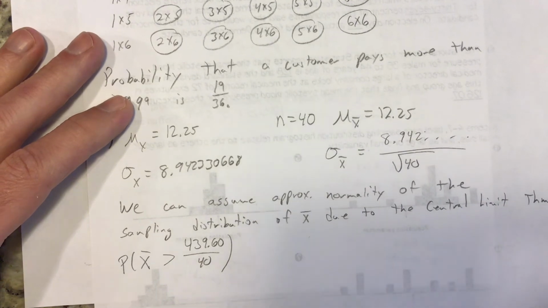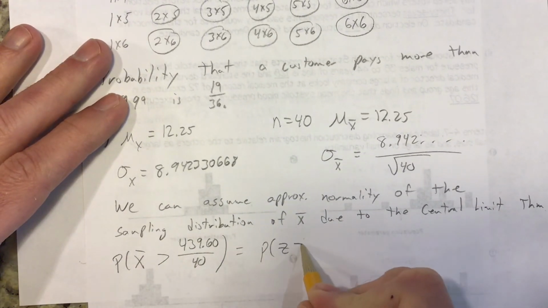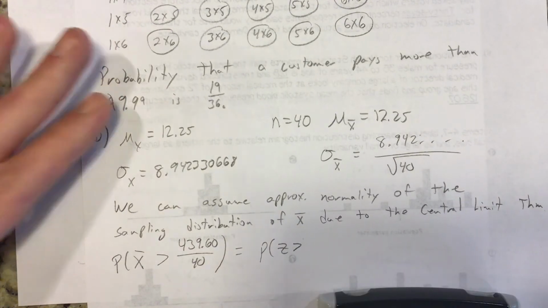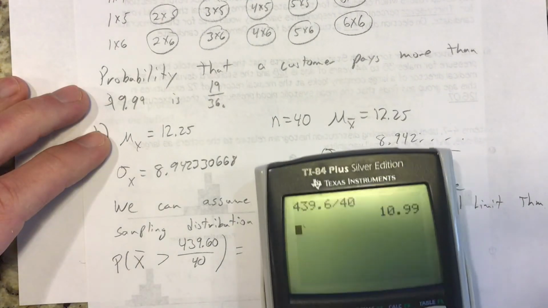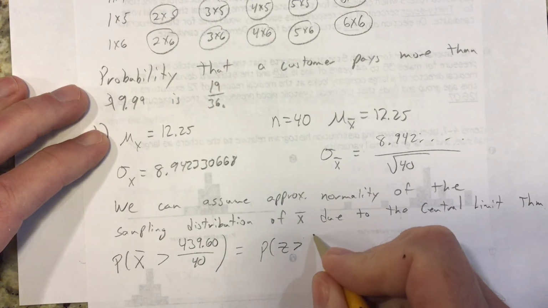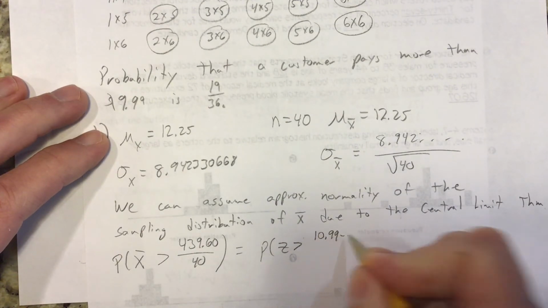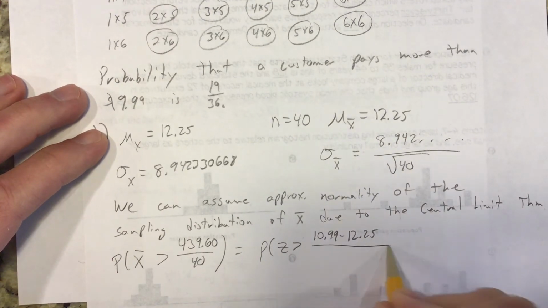Okay, so let's get a z-score. 439.60 works out to be $10.99 a person. And 1225 is the mean of the distribution, and then the standard deviation.